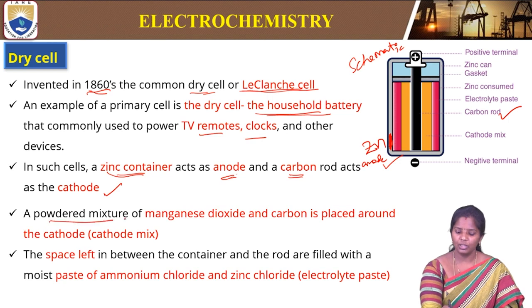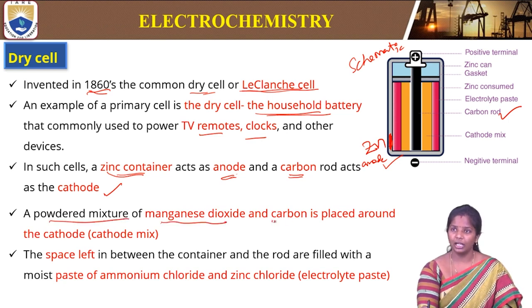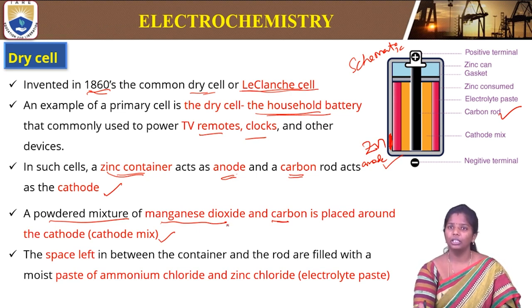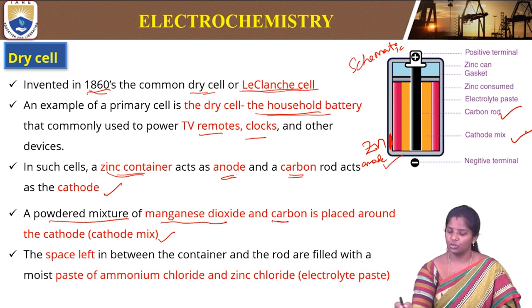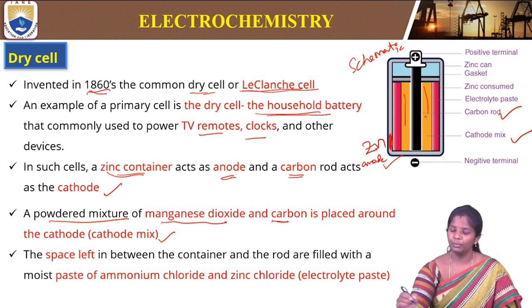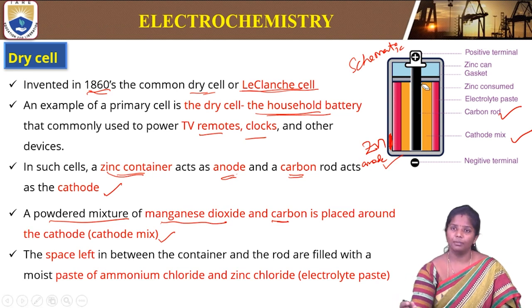Then a powdered mixture of manganese dioxide and carbon is filled beside the cathode, which is also called the cathode mix.